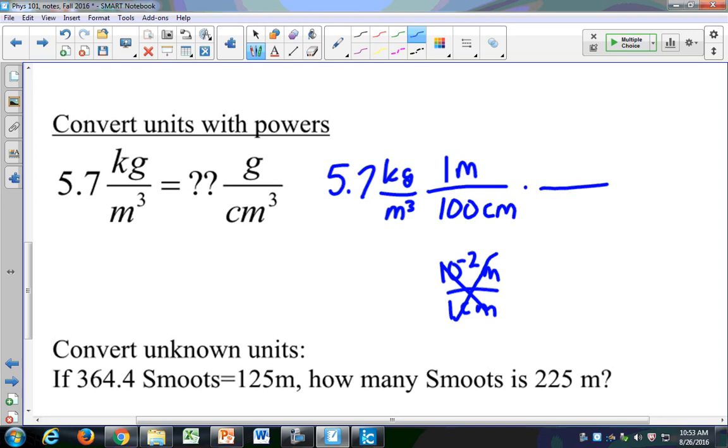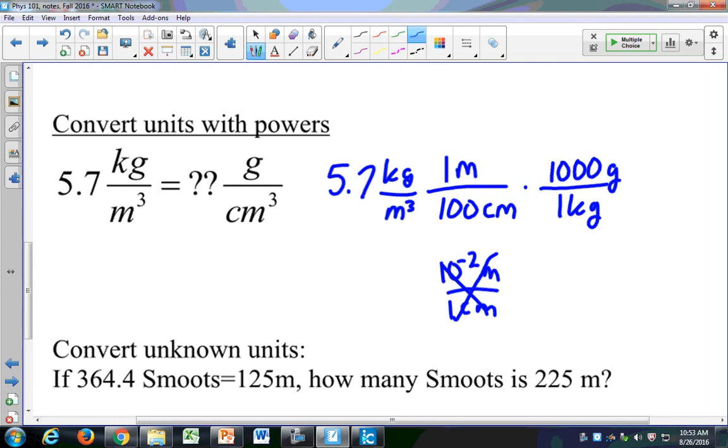And then in 1 kilogram, there are how many grams? There are 1,000, or 10 to the third. But I'll write it as 1,000. Let's see, is that it? Does that give me the conversion? No, what am I missing? Brennan, what am I missing?